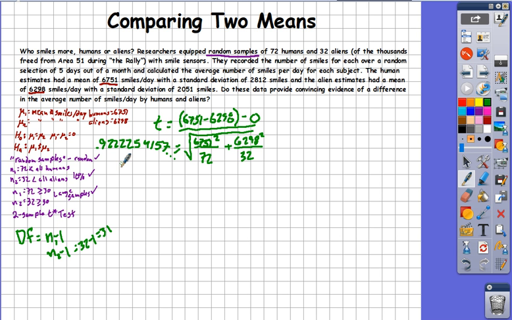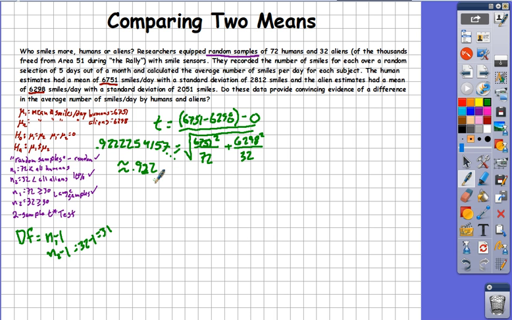So we're going to estimate that at approximately 0.922. I'm going to 3 decimal places because you'll notice on your t table, the t table values go to 3 decimal places. Now, if we use technology, believe it or not, we get a t value almost exactly the same.